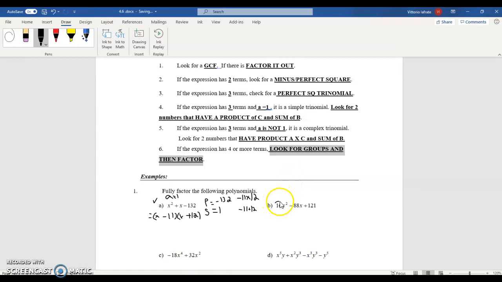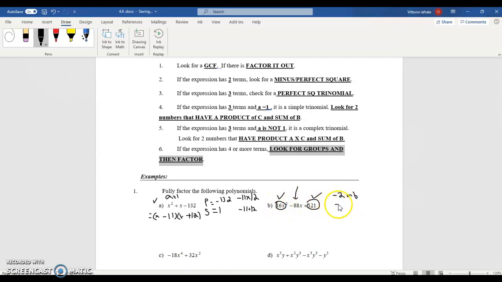So let's take a look at 16 here. 16 is a perfect square, because if you take the square root, it's 4. 121 is a perfect square. So that works out. But now let's take a look if the middle actually ends up being minus 2ab. So remember that a is the square root of the term here.